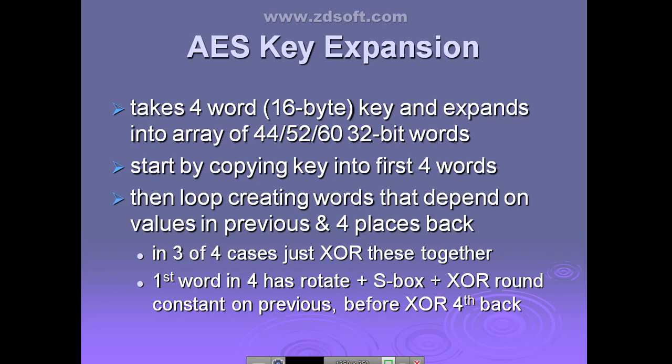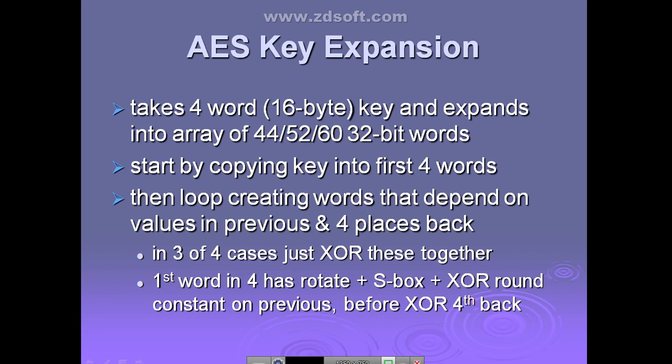It involves copying the key into the first group of 4 words, then constructing the subsequent groups of 4 based on the values of the previous word and the word 4 places back.